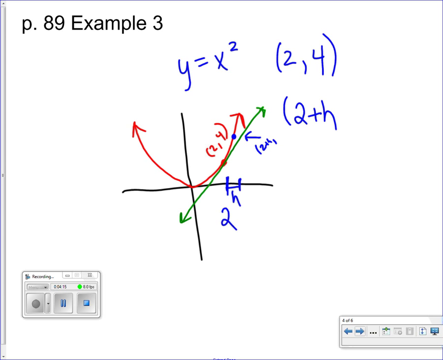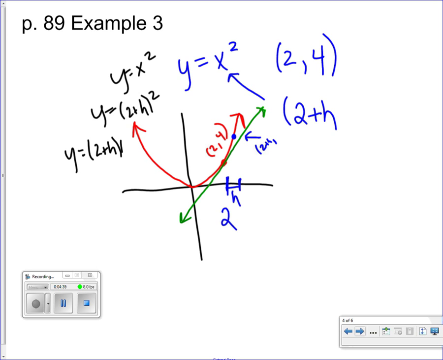At that point right there, that's 2 plus h. What's its y-coordinate? Well, to figure out its y-coordinate, I'm going to go back to the original equation. And I'm going to do this in black over here on the left. The original equation is y equals x squared. Now x is 2 plus h. Okay, so 2 plus h squared. I'm going to FOIL that out.